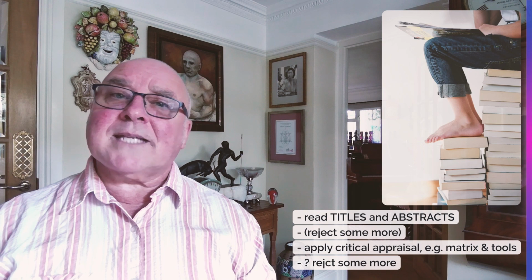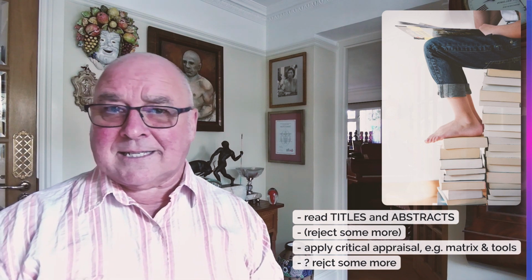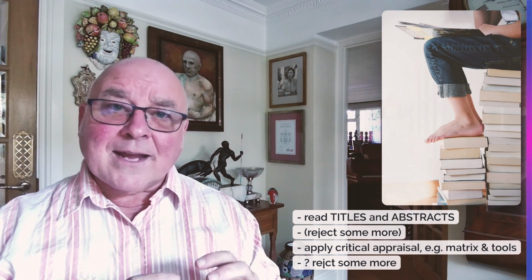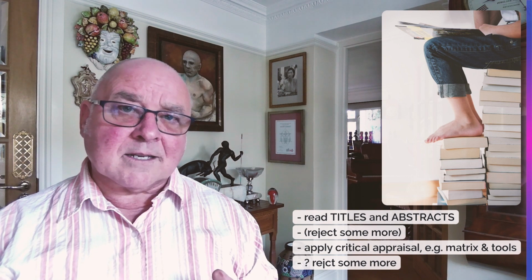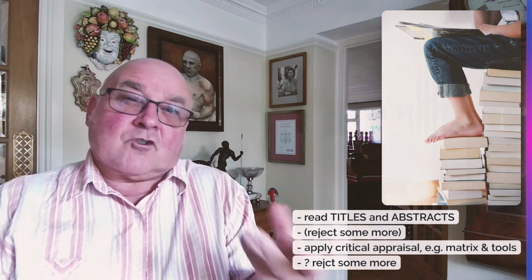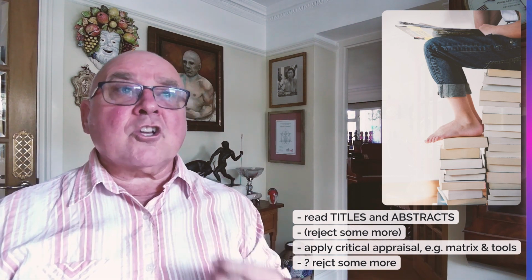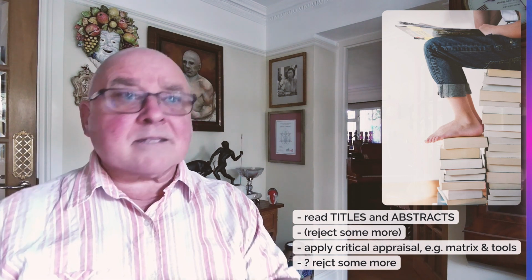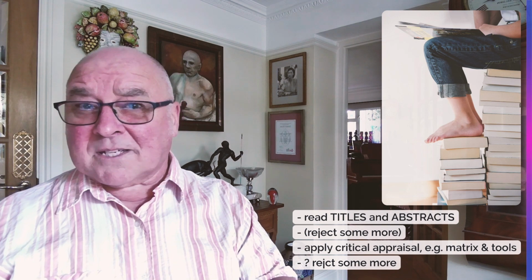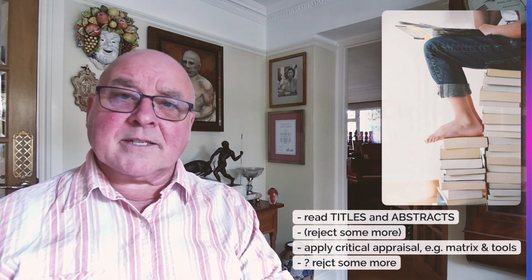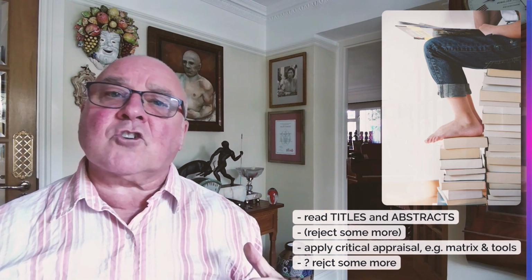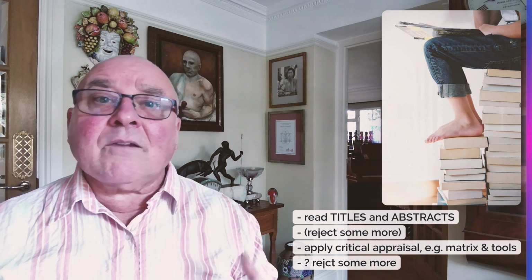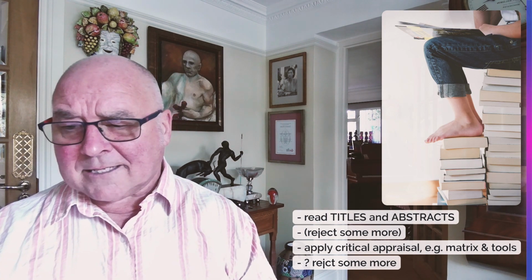You might even have columns looking at the strengths and the weaknesses. So the very fact that you're reading these whole articles and trying to extrapolate certain aspects out of them, such as the strengths, the weaknesses, the type of study, the number of participants, means already you're starting to critique and you're getting a feel for the work that you're looking at.